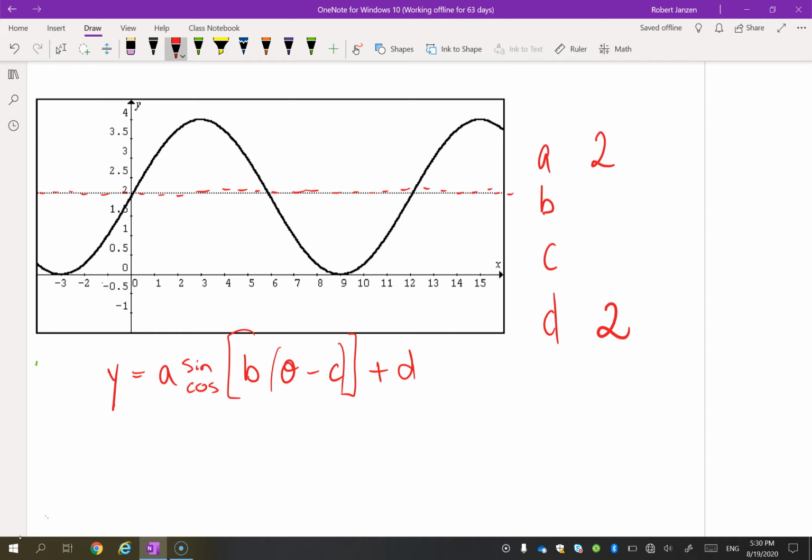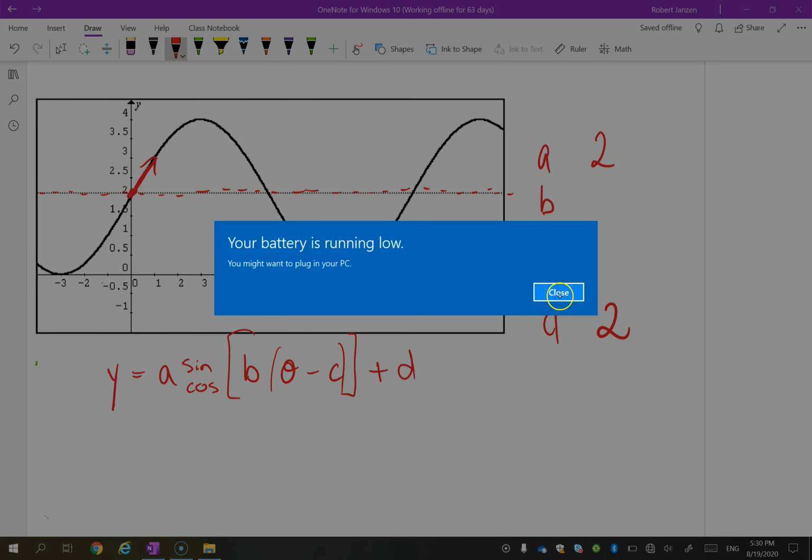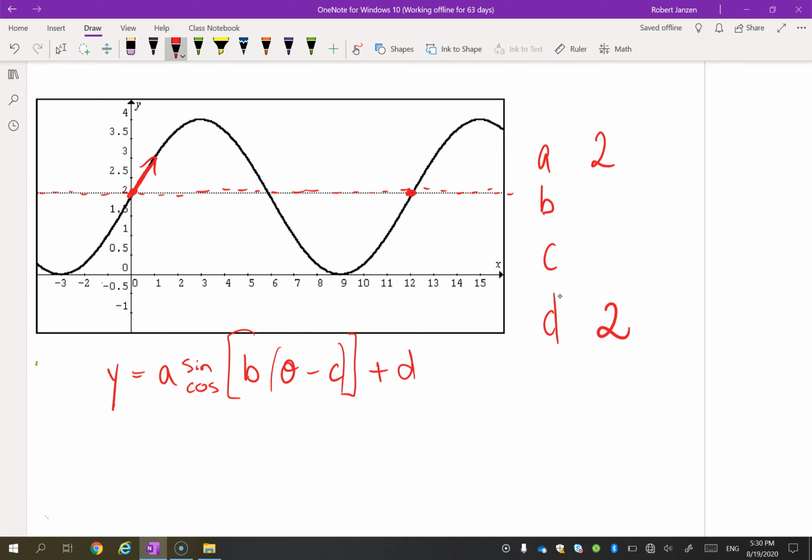Then comes probably the trickiest part, and that's to figure out what the period is. The period, if we were looking at just sine, would be from the midline going up. Where is the next time that happens? Right here.